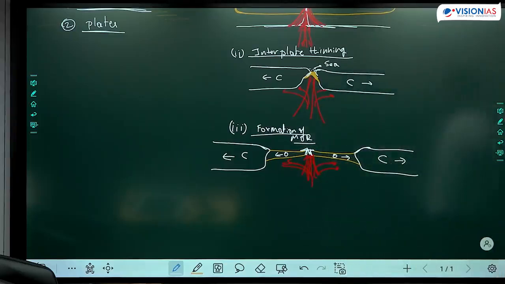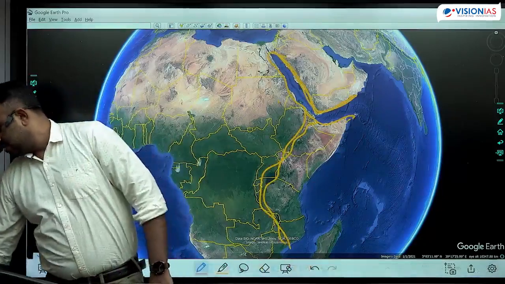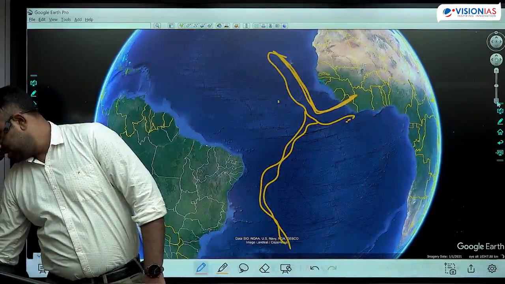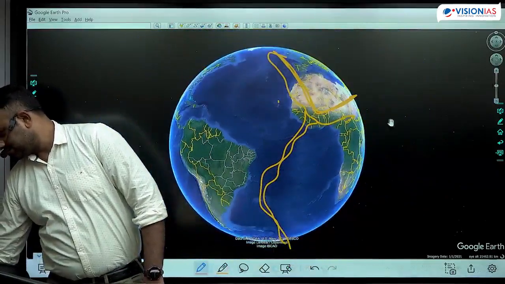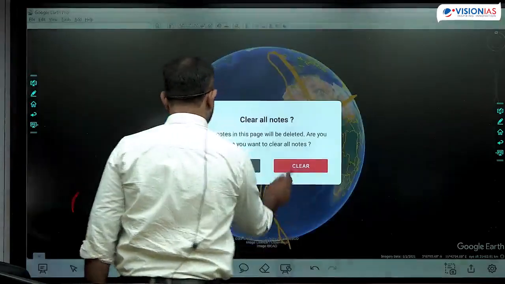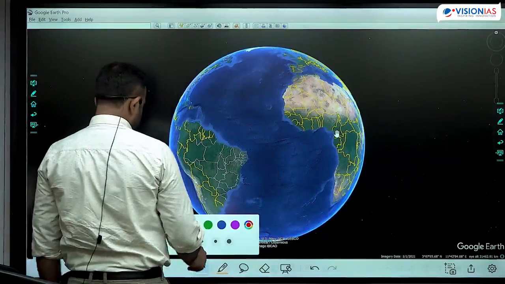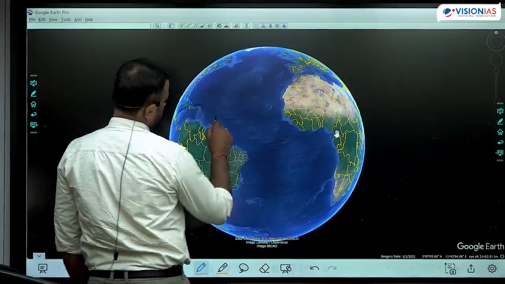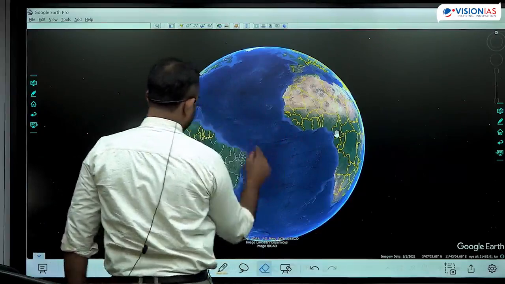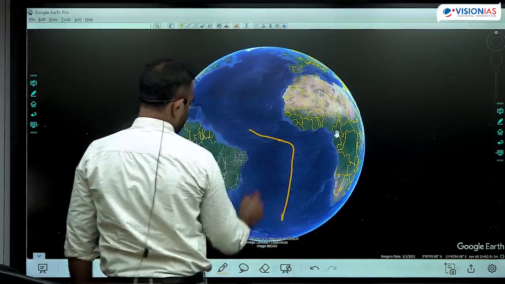The best example for this is the Atlantic Ocean and the mid-Atlantic ridge. Okay, so now imagine. Can you see this crack?